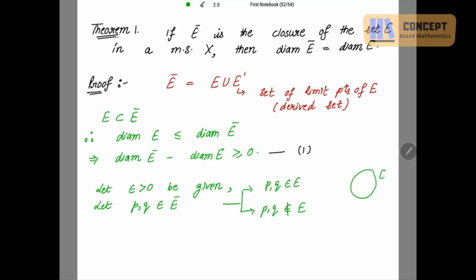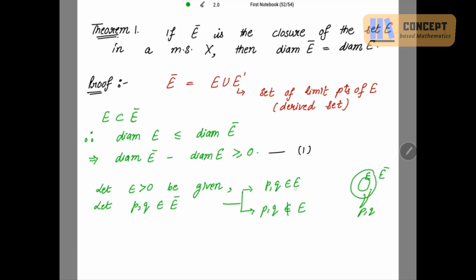Suppose this is your E bar and E is a subset of E bar. Now if you take any 2 points from E bar, suppose I take P and Q, then they either belong to E or do not belong to E, because the points of E are also points of E bar. Right?